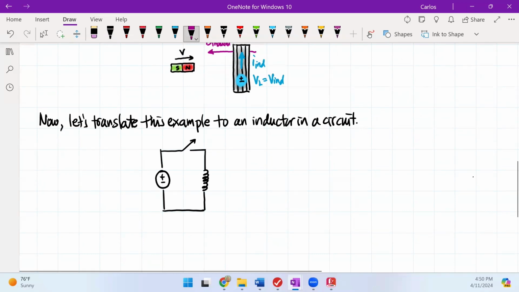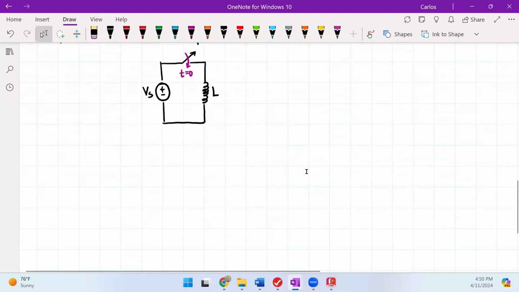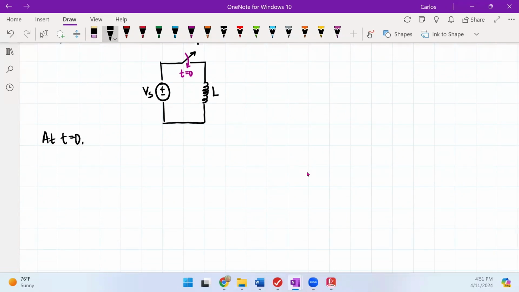We imagine that the switch is closed at t equal to 0. Once again, we have a source, we have our inductor. At t equal to 0, the switch closes, and now we're asking what happens.